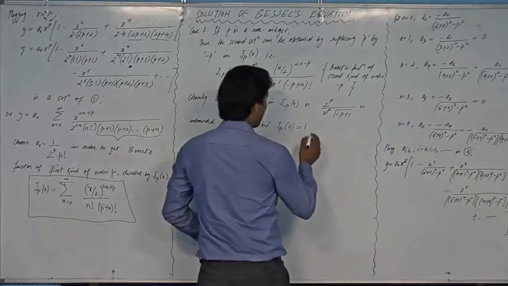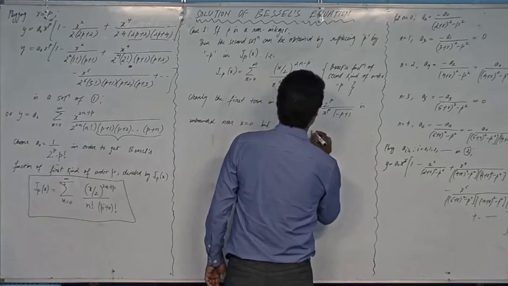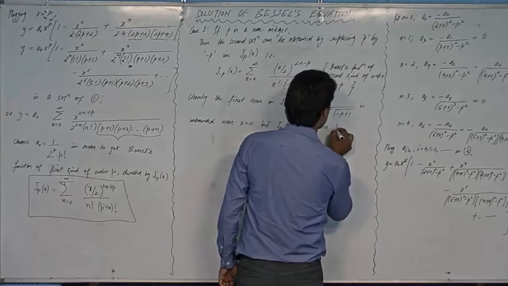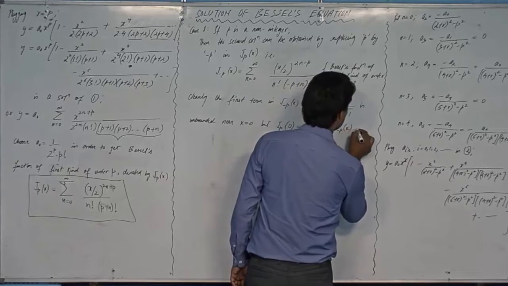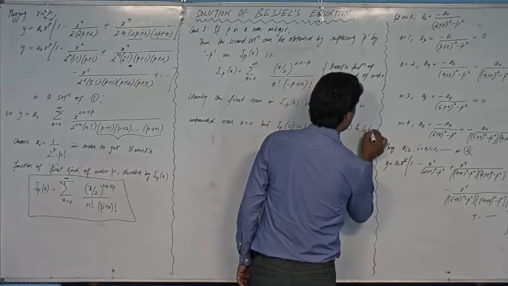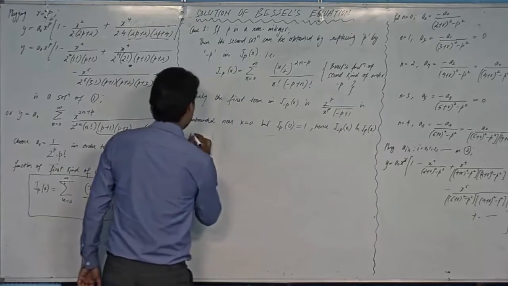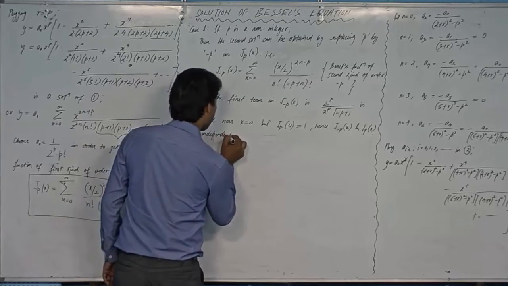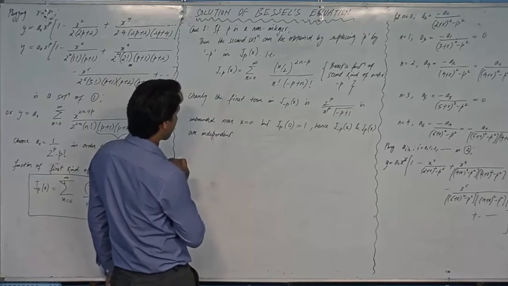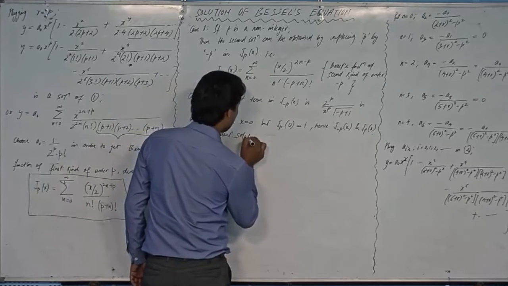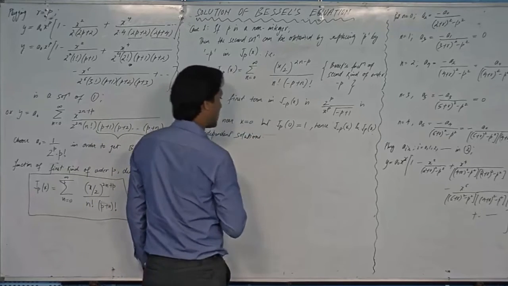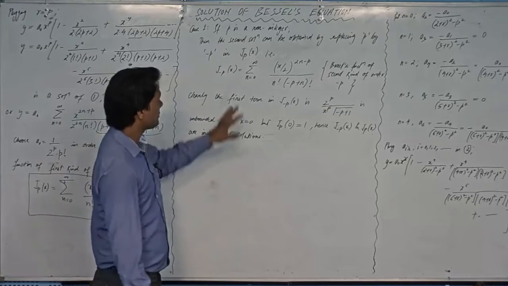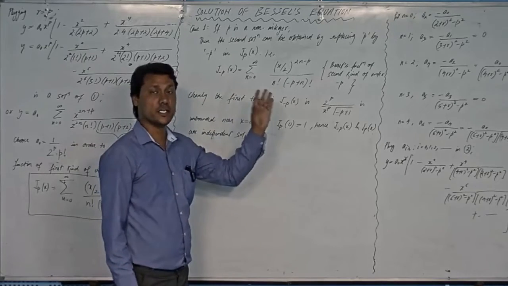Okay, so we can say that hence J minus p x and J p x are independent solutions, right?